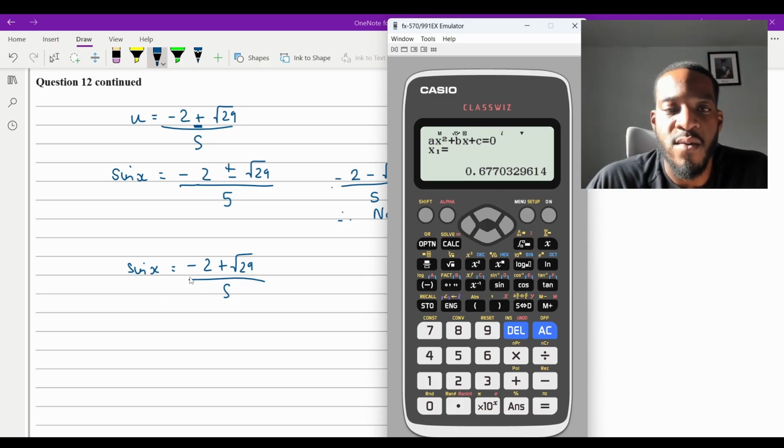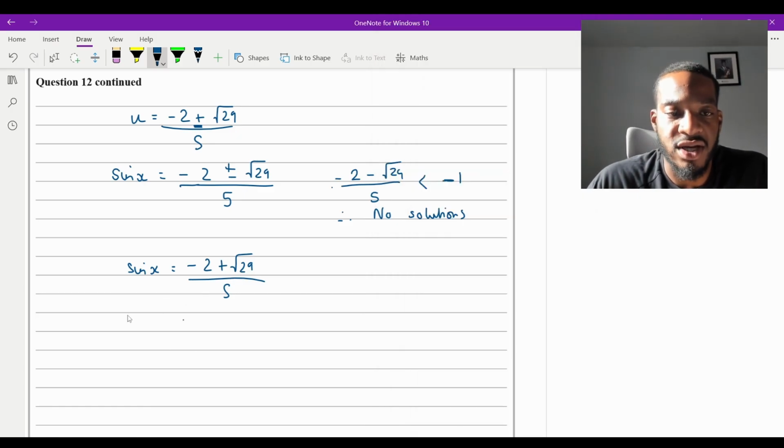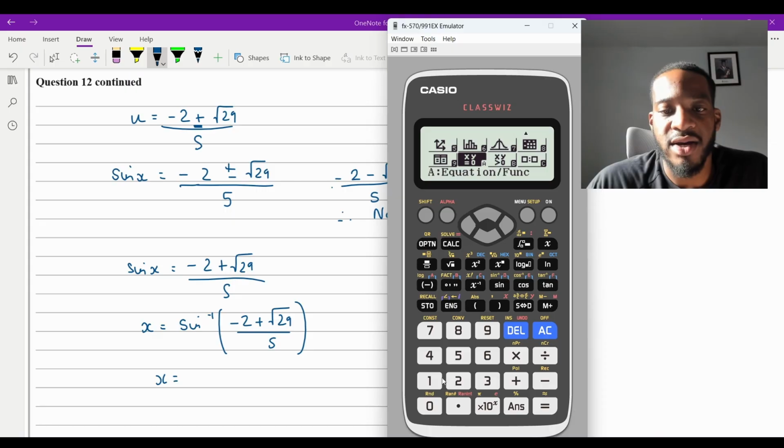So now, remember we're solving it between 0 and 360. So I'm going to take the sine inverse now. So x is equal to the sine inverse of (-2 plus √29) over 5, and see what that gives me. Go back here. Does it keep it? No, it doesn't.